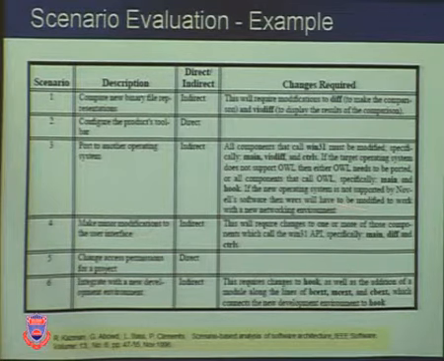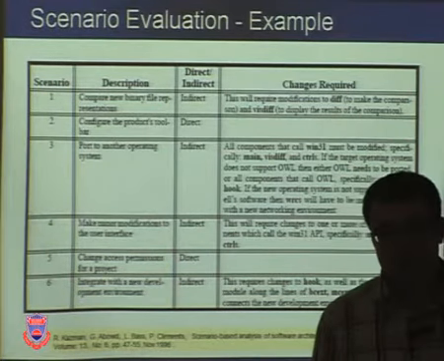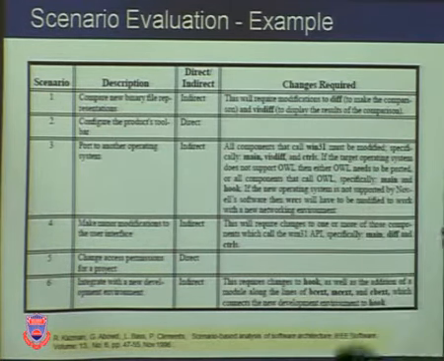Okay, etc. Fourth scenario, make minor modifications to the user interface, indirect. This will change one or more of these components, which call the Win31 API, specifically main, diff, and controls, etc. Okay? Just the same process, just by going through these scenarios, and then you characterize these scenarios. Is it direct or indirect?